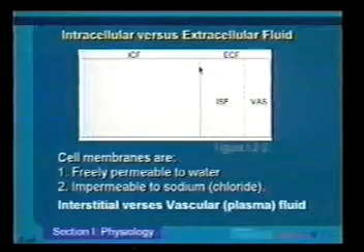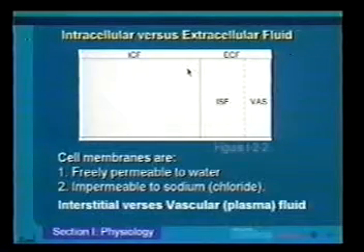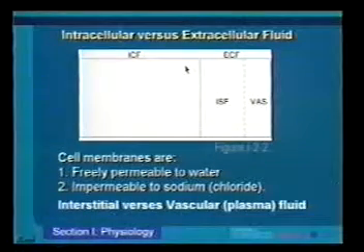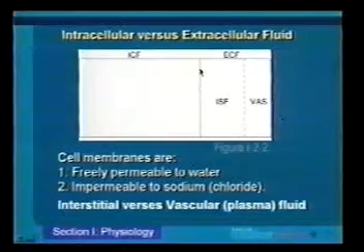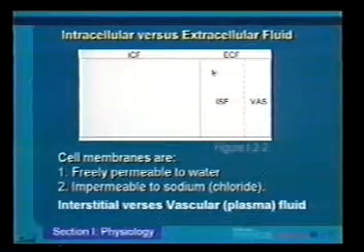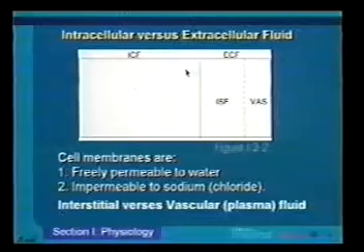A bottom line point is: in a steady state situation, the extracellular osmolarity is always going to equal the intracellular osmolarity, because in a steady state situation, the extracellular water concentration and the intracellular water concentration will be the same.